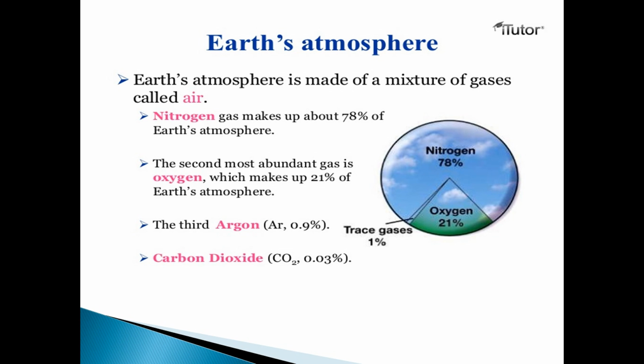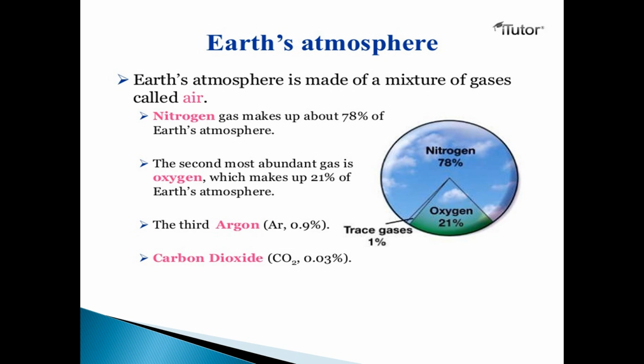It covers only almost 21% of the atmosphere. The third gas is argon. Its amount is very less, only 0.93%, and the lowest amount of the main gases is carbon dioxide, that is 0.03%.